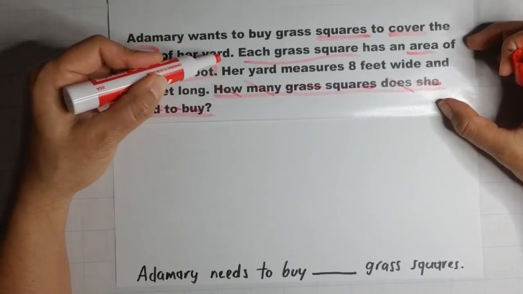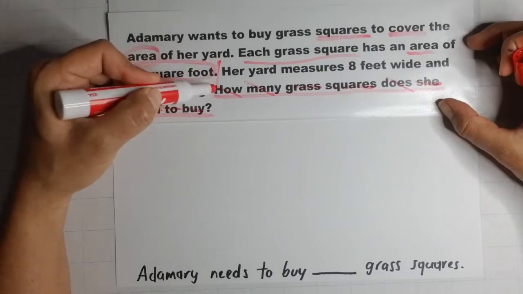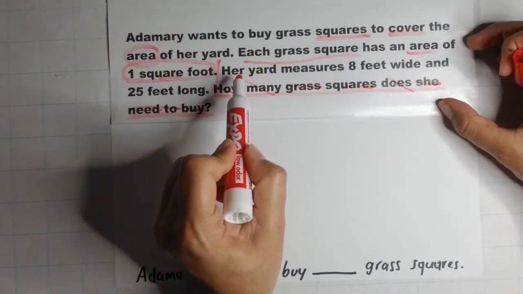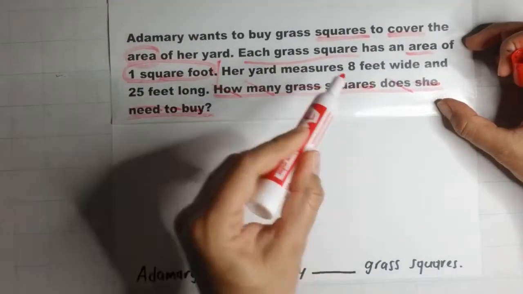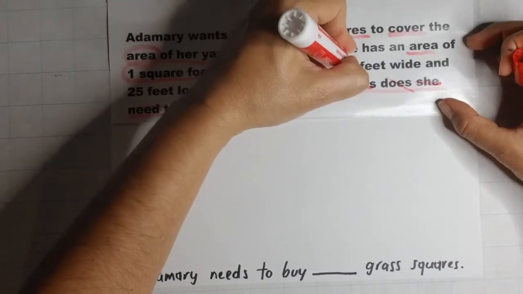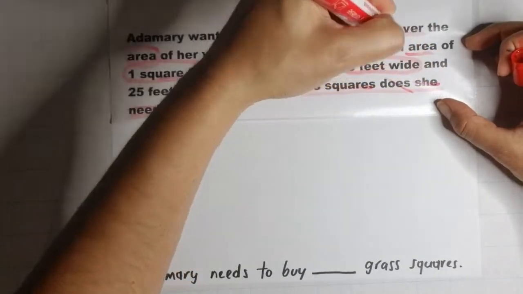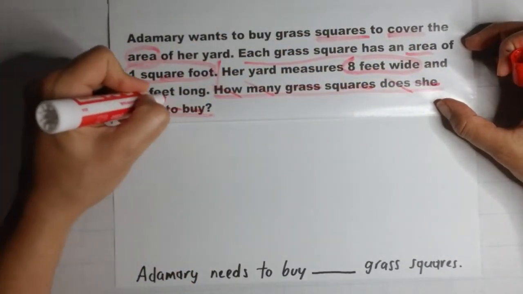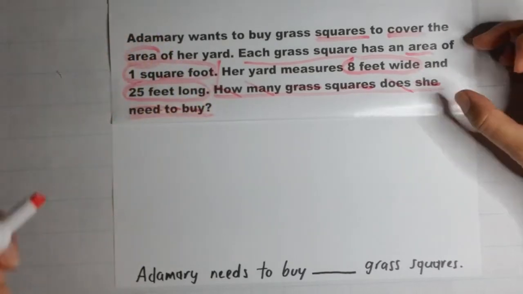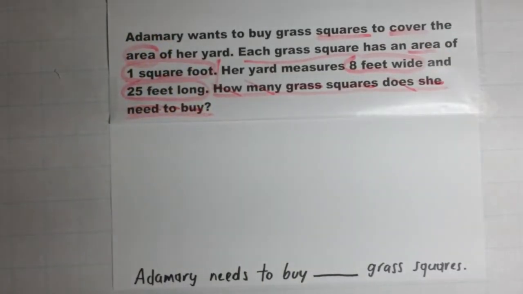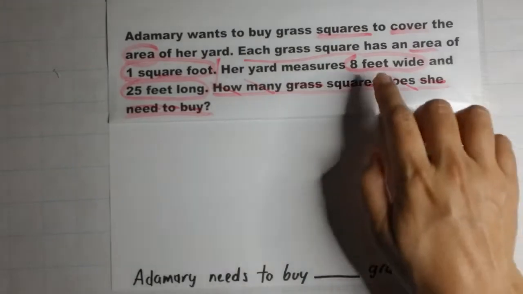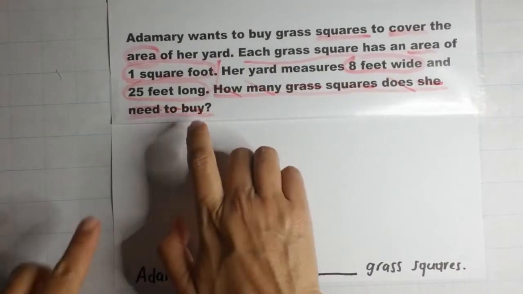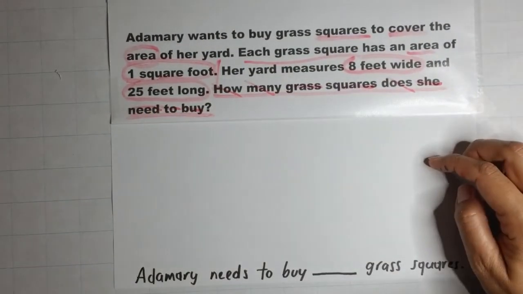Her yard measures 8 feet wide. So this is important, 8 feet wide and 25 feet long. Now I have the important information, which is 8 feet wide and 25 feet long.